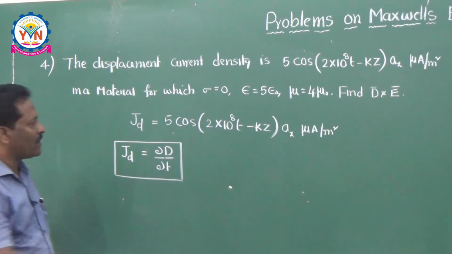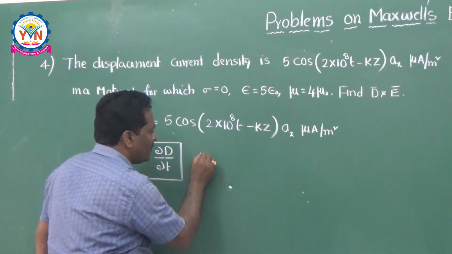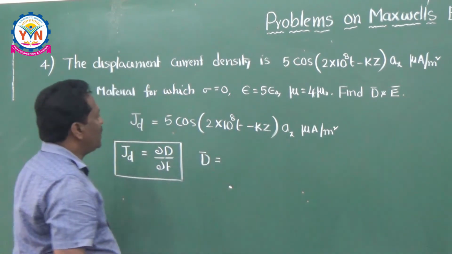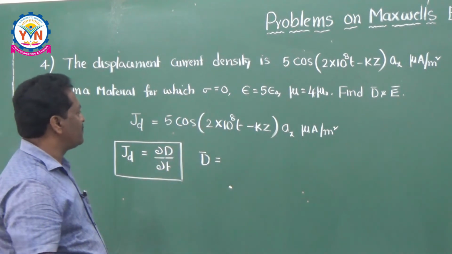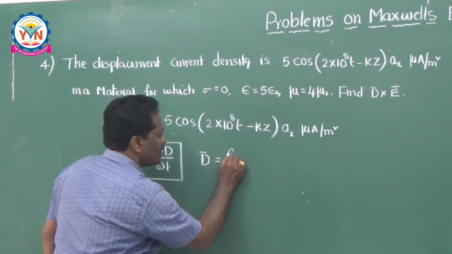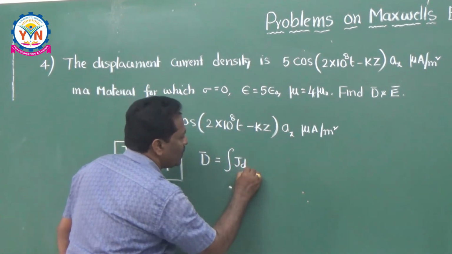Therefore D bar is equal to the integration of this entire expression, that is integral of JD into dt.